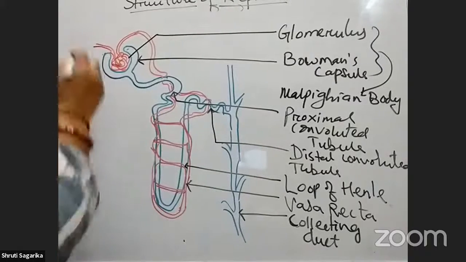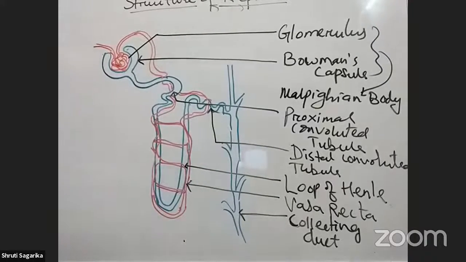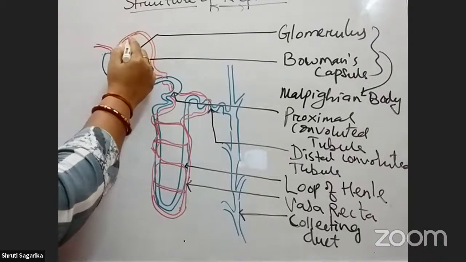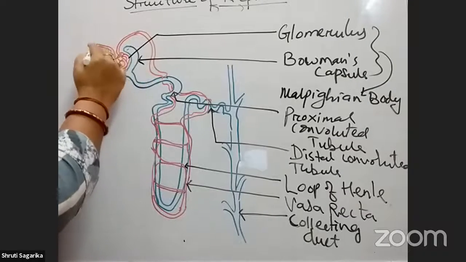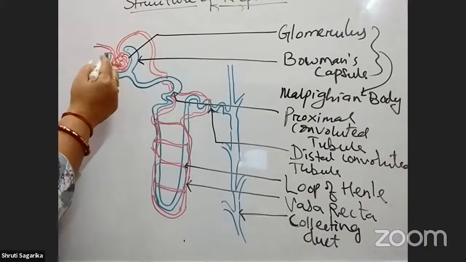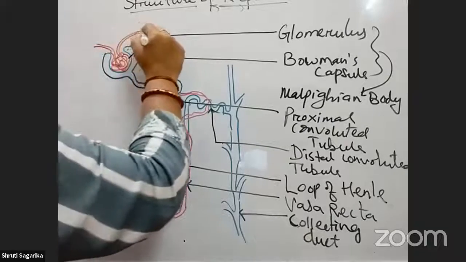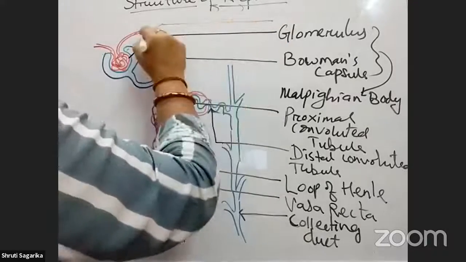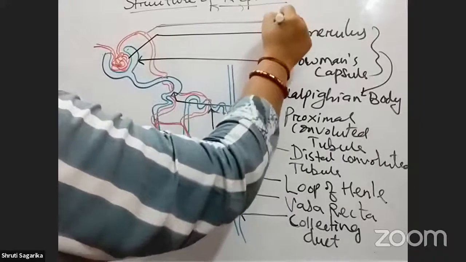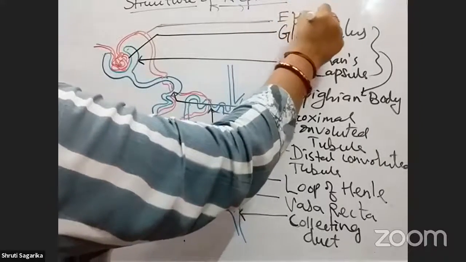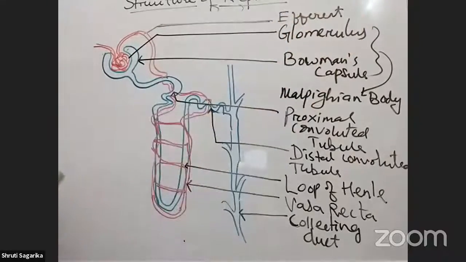Okay. So this glomerulus has one entry point for the blood vessels and one exit tube also. The exit tube is called the efferent arteriole.